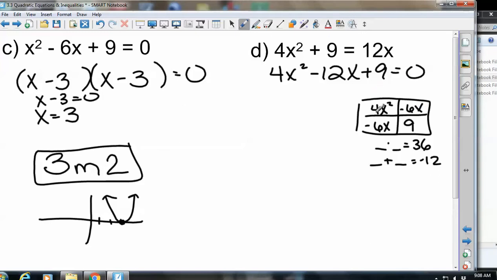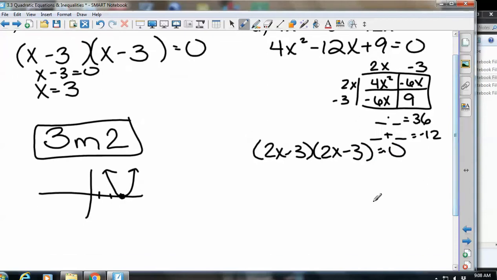So then, if you factor, you get 2x minus 3 and 2x minus 3. So to solve it, set each one to 0, so really you just have to do one of them because they're the same.